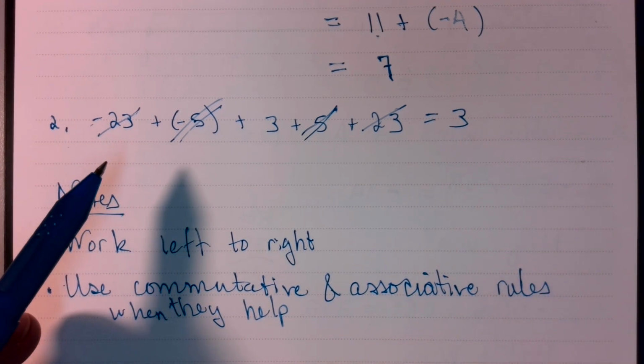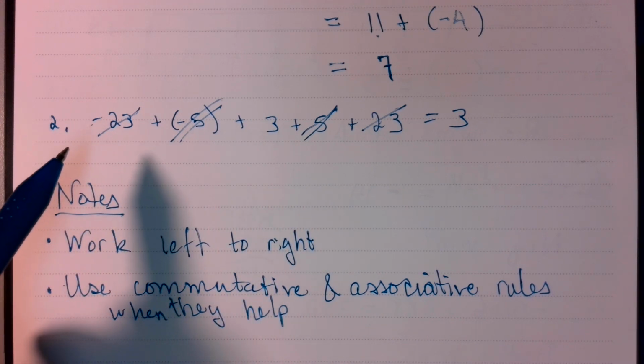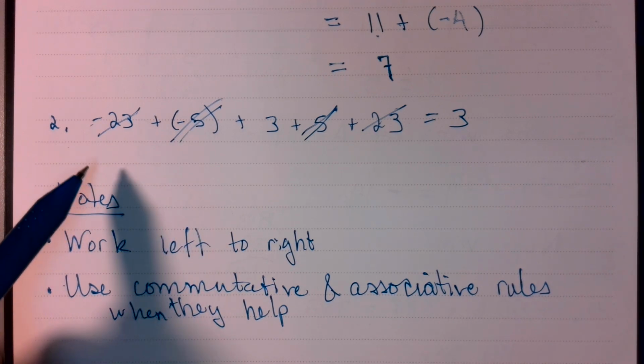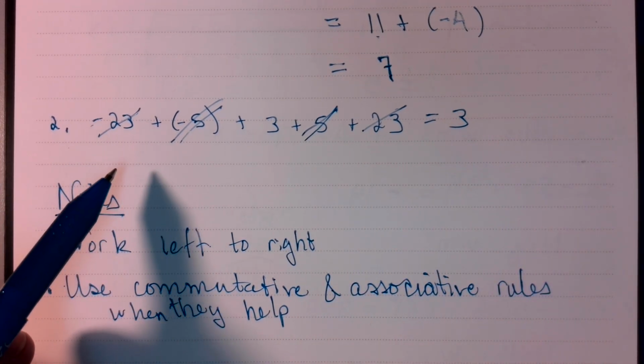Now, of course, for me to realize that, I have to look at the whole problem before getting started. And I would always recommend you do that. Look at the entire problem before you start. Okay, and that way you'll know, oh, okay, I see that negative 23 and that positive 23, those two cancel.